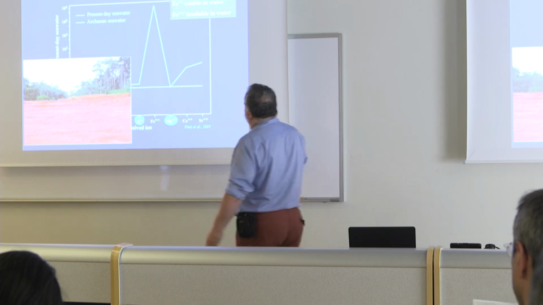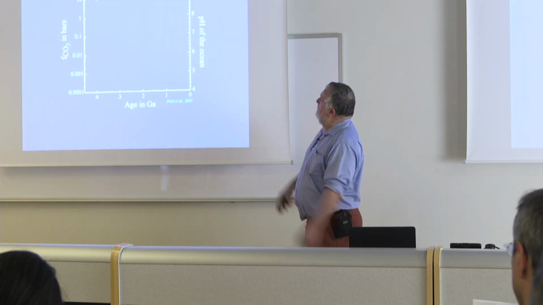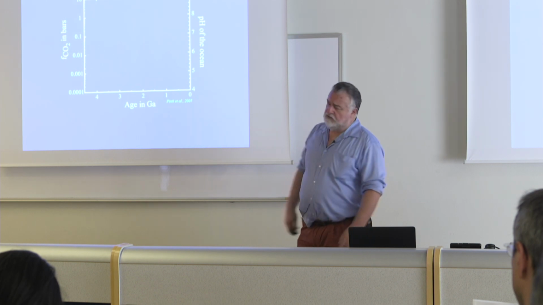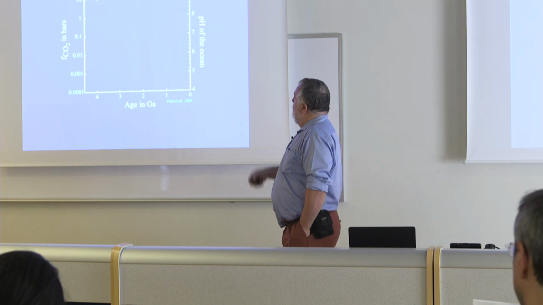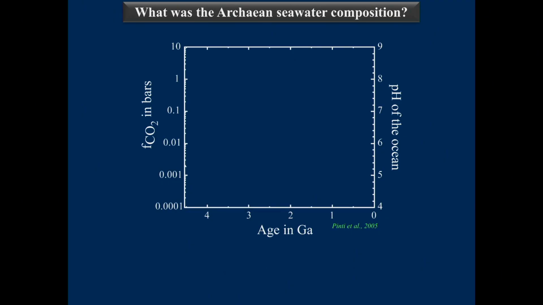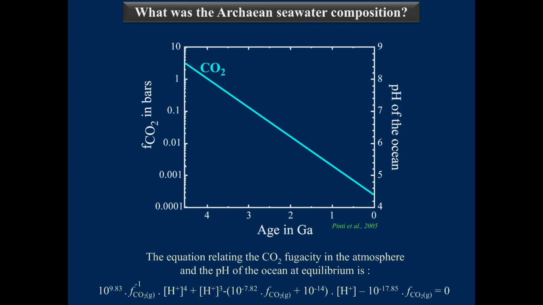Okay, we have explained two differences. The last one is a little bit more difficult to explain. This is the case for calcium and strontium. What we know is that the CO2 content of the atmosphere decreased in the course of time, from the early Archaean to today. And using this kind of equation, it's possible to relate the CO2 content in the atmosphere to the pH of the ocean.